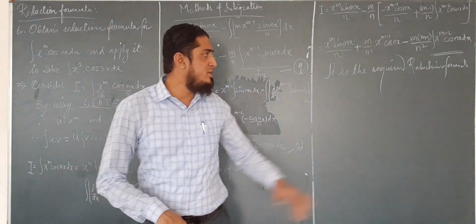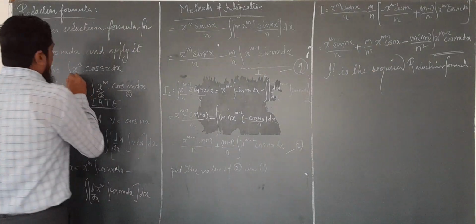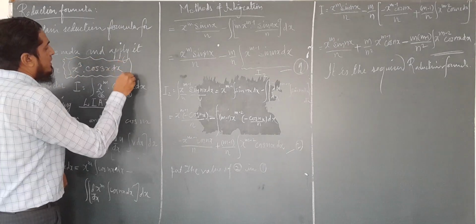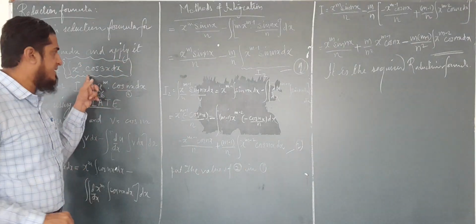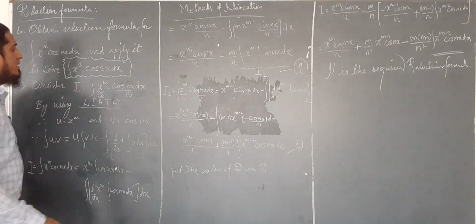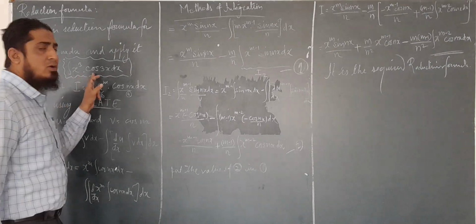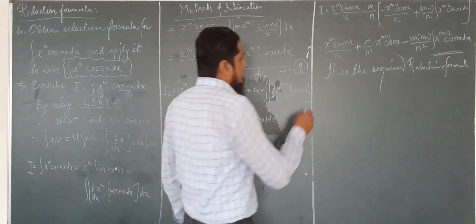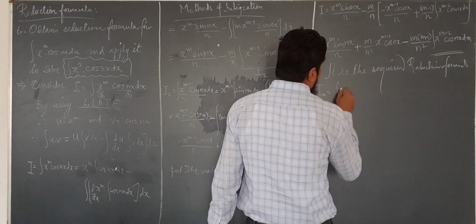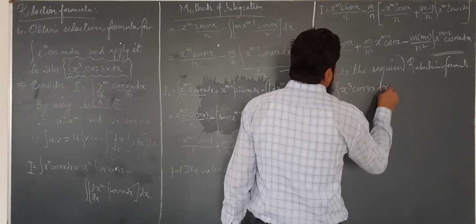Now, by using this reduction formula, we have to calculate integration x raised to 3 cos 3x dx. By using this required formula, we have to calculate integration x cube cos 3x dx. Say I is equals to integration x cube cos 3x dx.